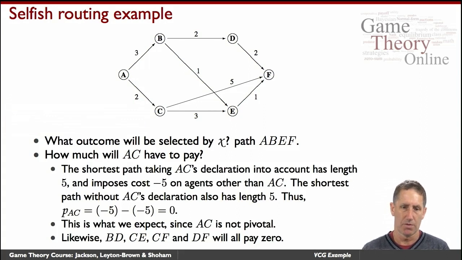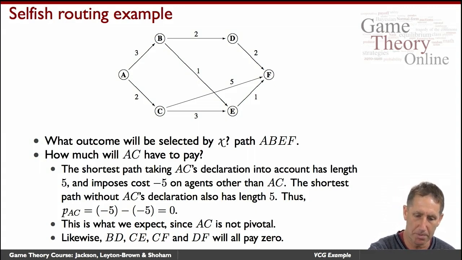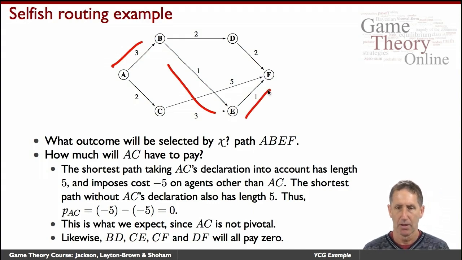So the shortest path, with AC's declaration of what their cost is 5, right? And so the cost to all the agents is that shortest path, totaling 5. Had AC not been in the picture and not declared anything, what would the total cost to the agents have been?